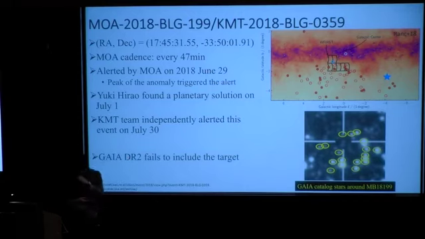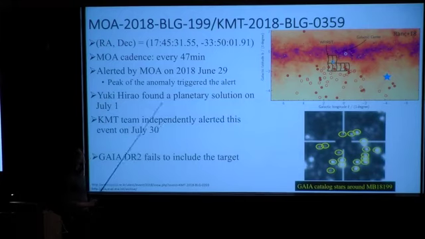This field is one of the ordinary optical microlensing survey fields, and so it's far from the expected WFIRST microlensing survey field. This field is more like BG1, which is observed every 47 minutes, so we have a lot more data for this event.